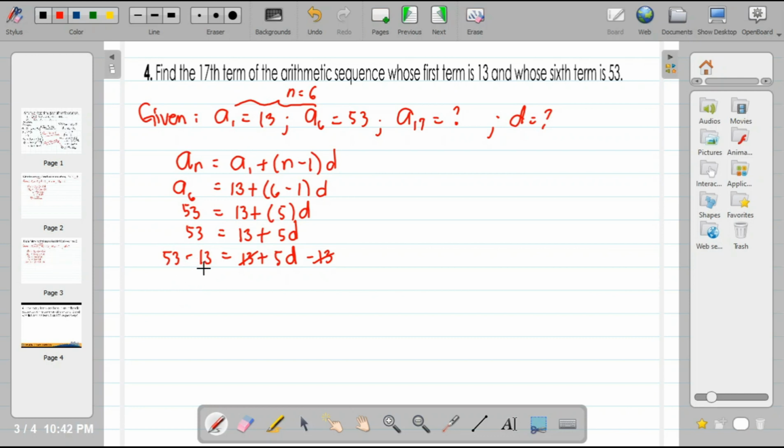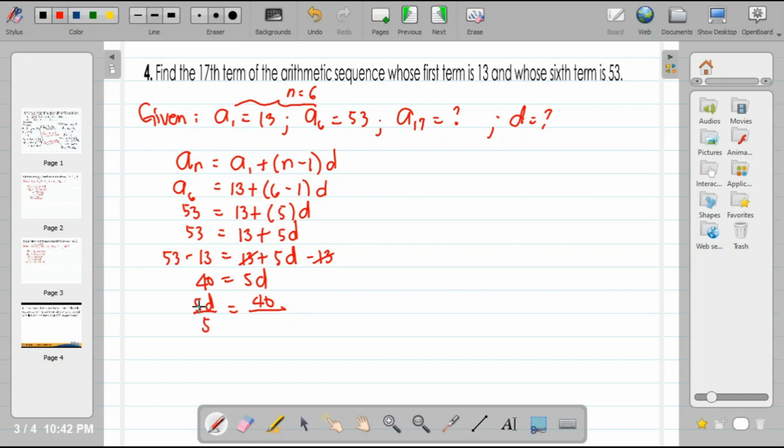Anyway, kaya na siya, no? So, 53 minus 13 is equal to 40. That's equal to 5D. Now, we're looking for D. So, pwede na nato siya ibali, no? Na 5D equals 40. Pwede man na. We call that the symmetric property of equality. Pwede na. Basta pananglitan silang duha gyud ang interchange nimo.